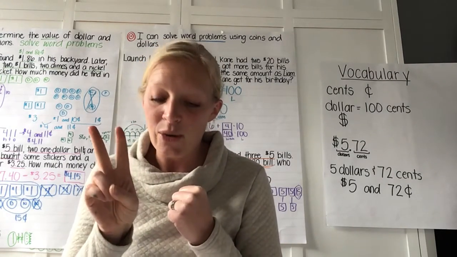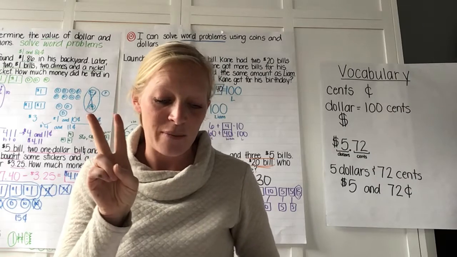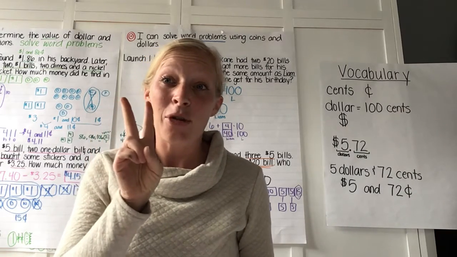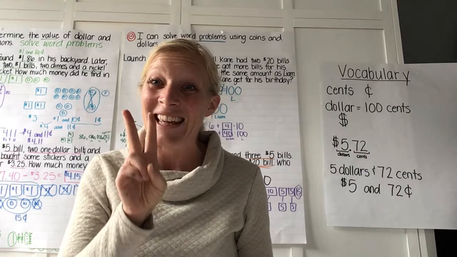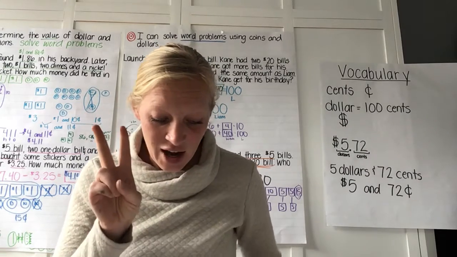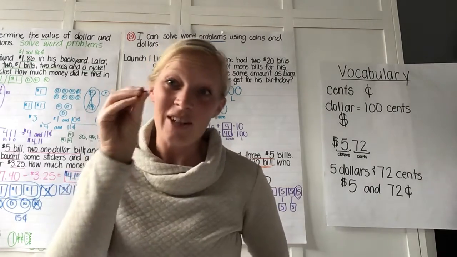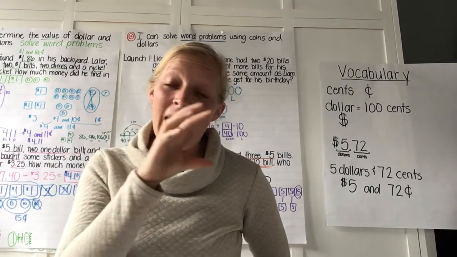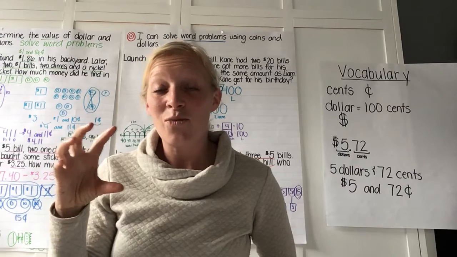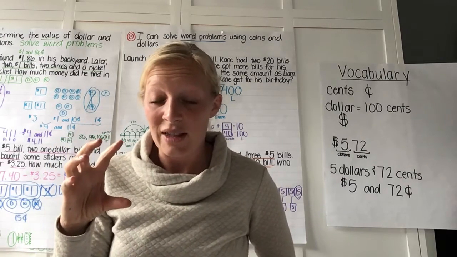Then day 2, I did a bit of a combination between supplemental 2 or 3D and supplemental 3E. I did that because I did some more of, now here's an amount, and I want you to show me different ways to show those coins and those dollars.